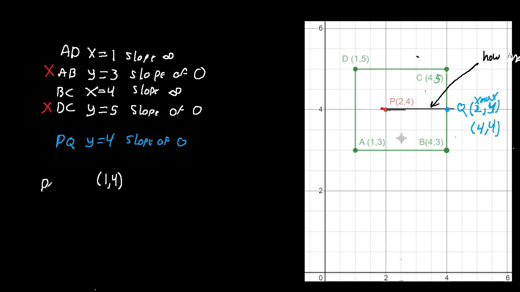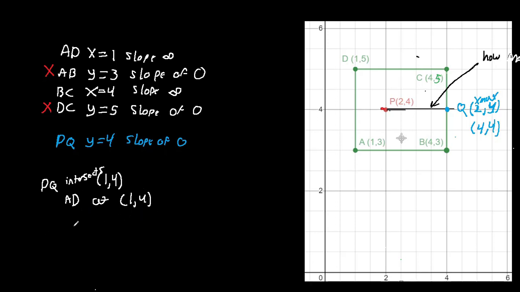So PQ intersects AD at 1, 4. Okay. So remembering our whole discussion on intersecting lines, we have to go through the work of saying, okay, we know what the point they intersect is, but does that actually lie in the range of our two line segments?